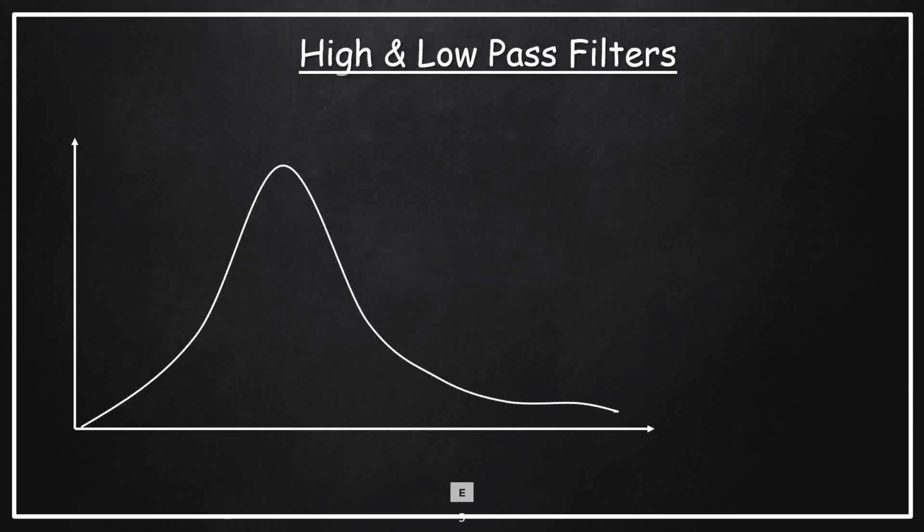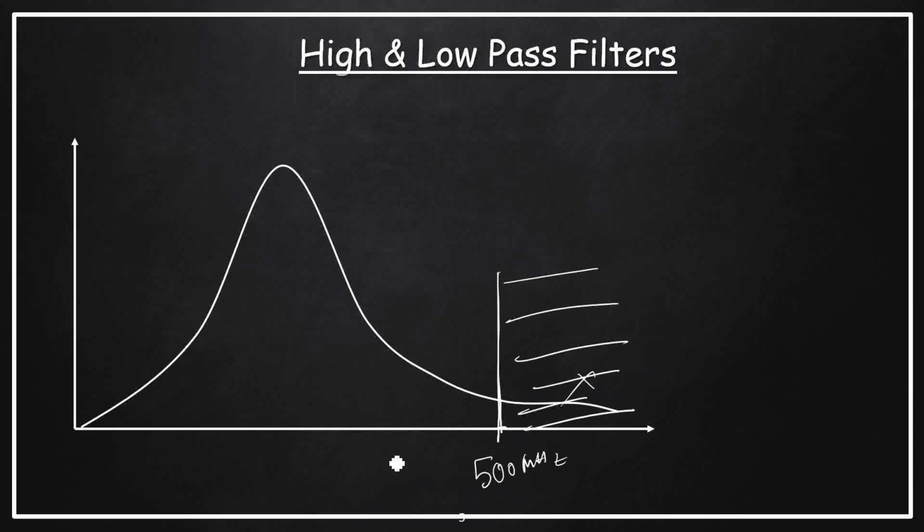If you suppose this is the 500 megahertz and you don't want this part, what you will be doing? You will be applying a filter at 500 megahertz and it will delete this part, any signal, any frequencies, any component after 500 megahertz. So it's passing only the lower frequency than 500 megahertz.